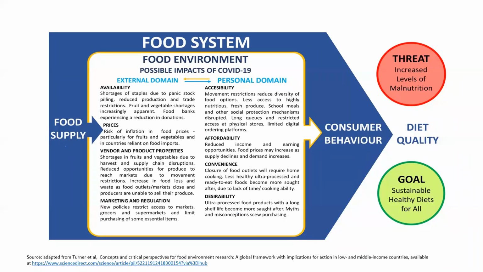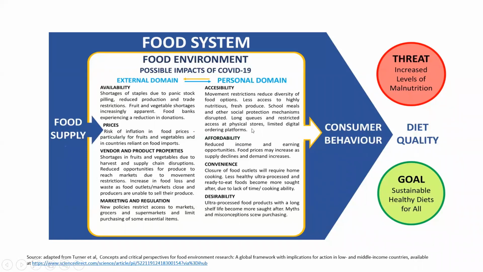So if you look at the personal domain, you can see clearly that because of the movement restrictions, simply accessibility to food is already disrupted. I'm from the Netherlands, and what seemed to be a very simple fact in life, to go out for shopping, is not that simple anymore. And that's the case in many places, but it's not just the personal domain.